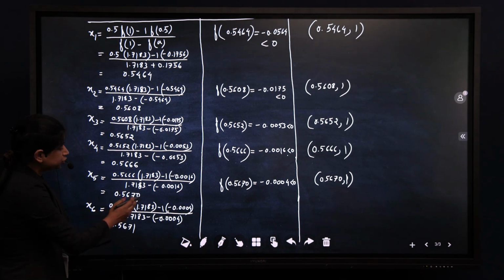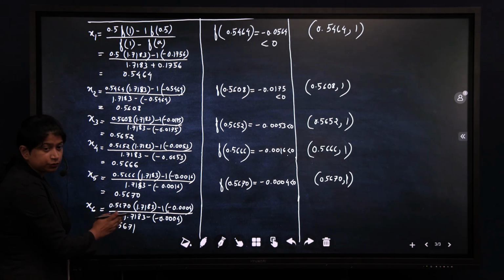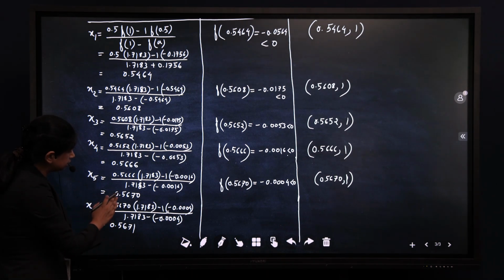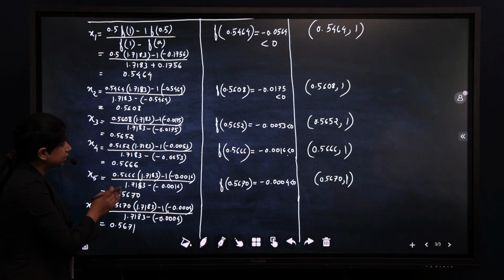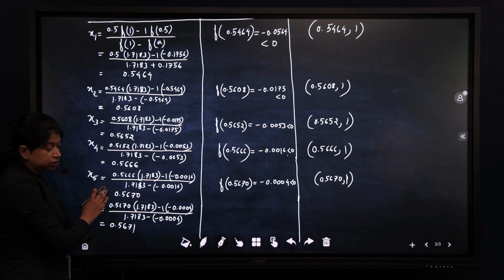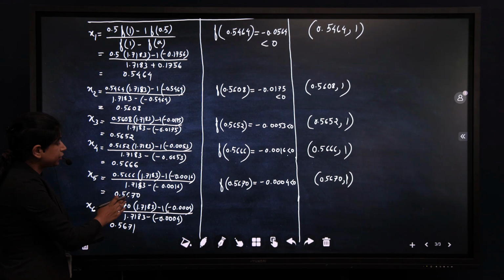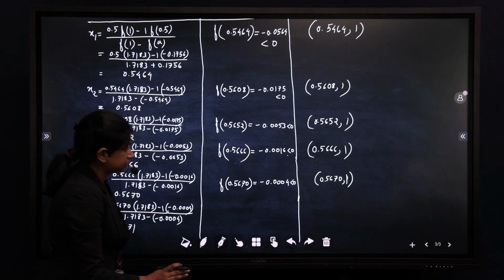So up to 3 decimal places, these two are giving the same value. The 5th approximation and 6th approximation are giving the same value, that is 0.567. So the approximate root up to 3 decimal places will be 0.567. That is the answer.